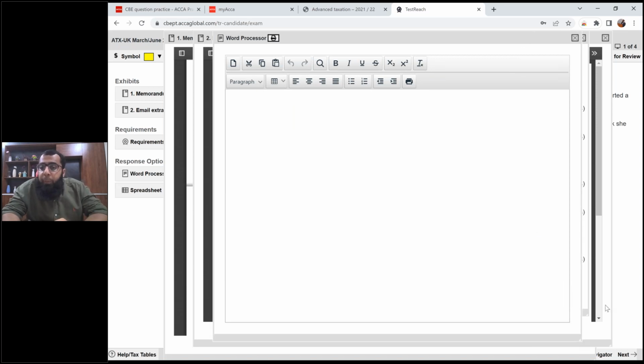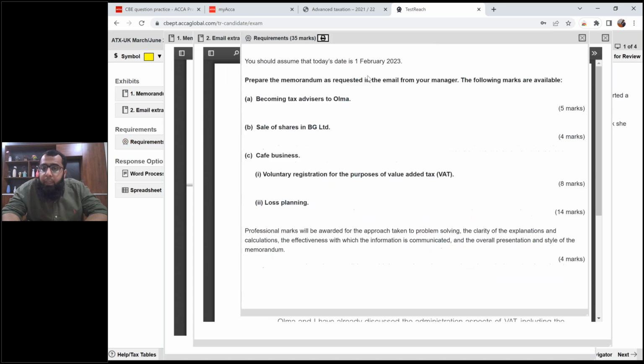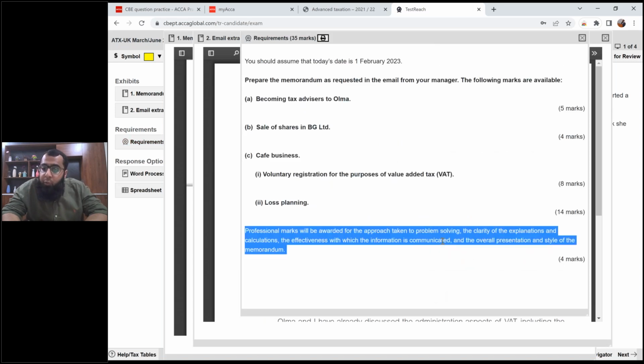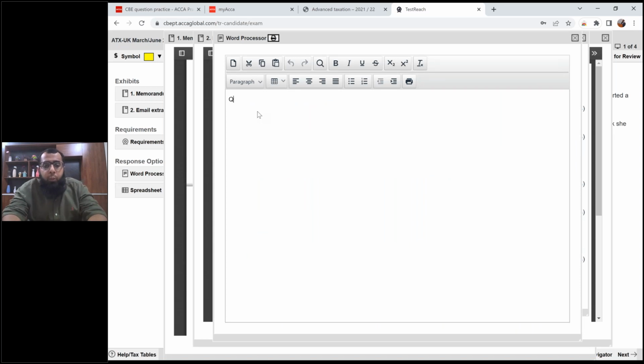We have to prepare the memorandum, and there are 4 professional marks also. So you have to look at the format of the memorandum. We are answering question number 1, Alma.